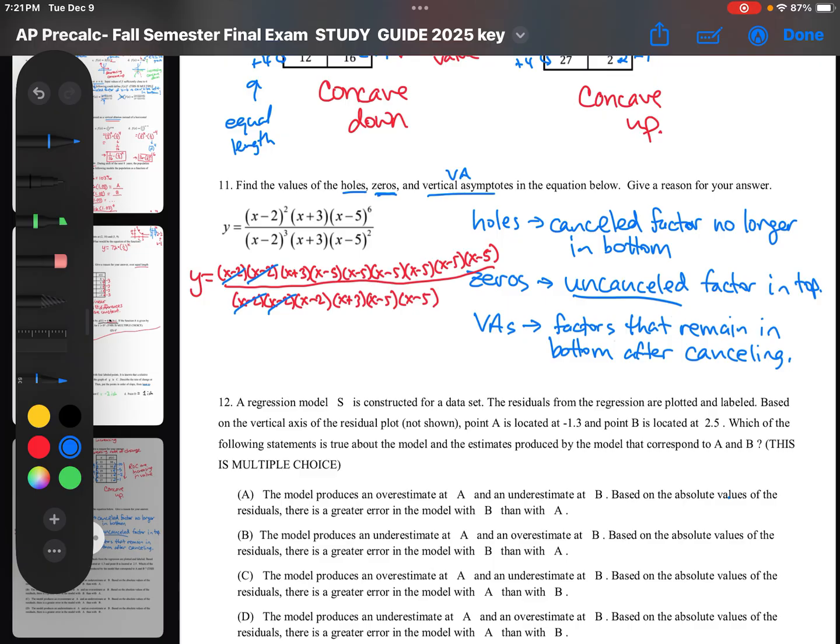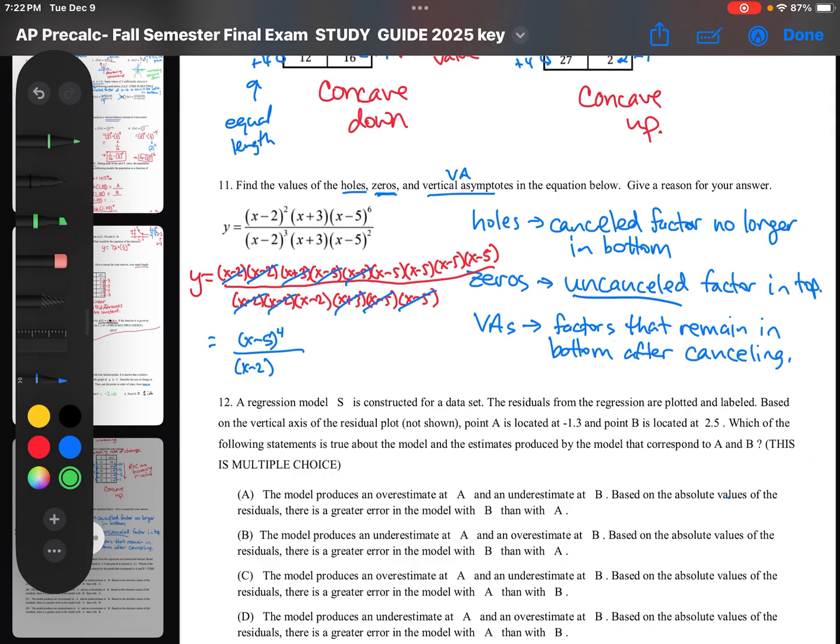And I've run out of x minus 2's. Now I go to x plus 3's. I see those are gone. And then for the x minus 5's, I see one pair, and I see another pair, and that's all I have. So on top, what remains is x minus 5 to the power of 4. And on the bottom, we have an x minus 2 that remains.